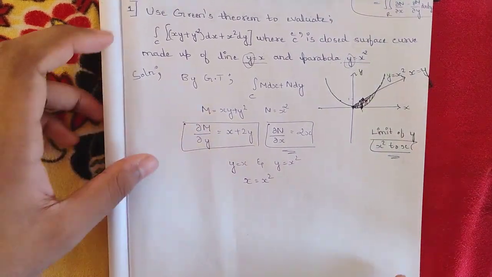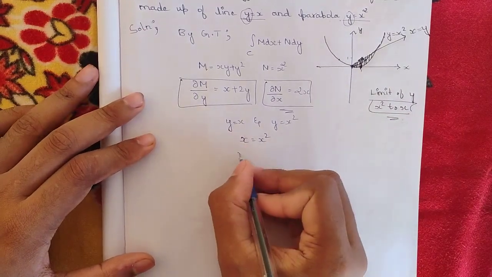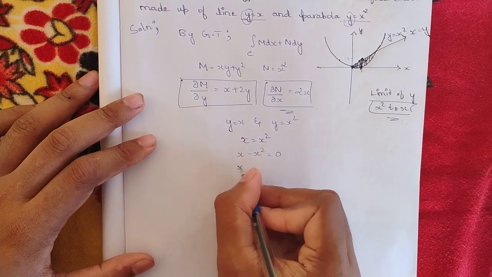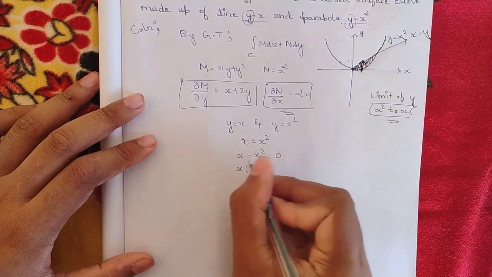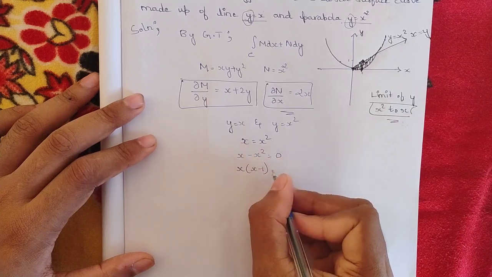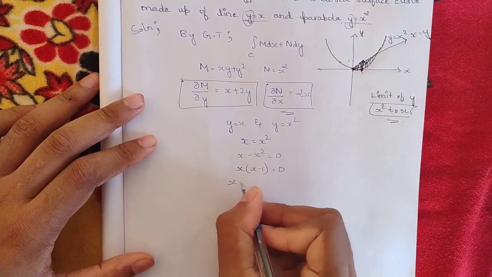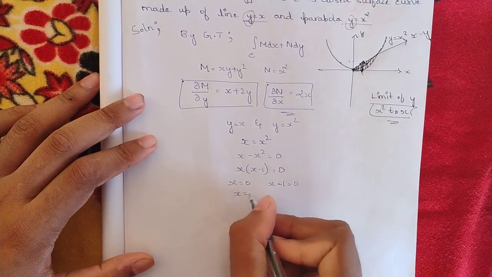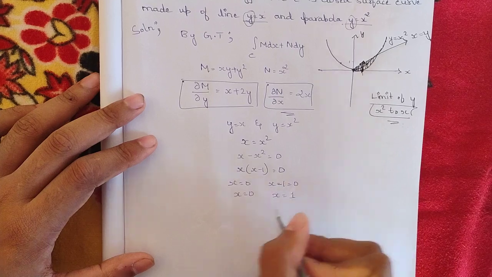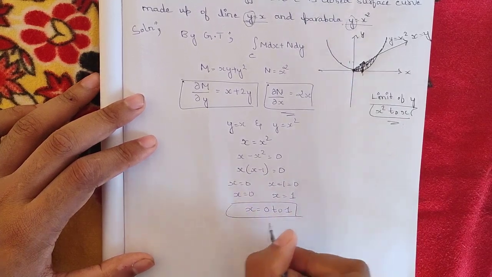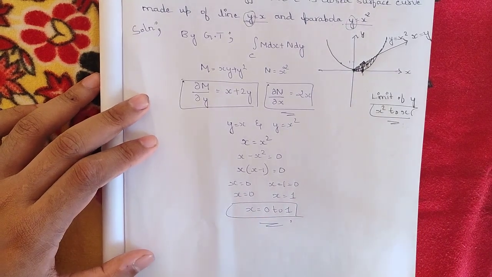So x minus x square equal to 0, or x into (x minus 1) equal to 0, taking x common. So we get x equal to 0 and x minus 1 equal to 0, so x equal to 0 and x equal to 1. So you can say that x goes from 0 to 1. Okay, hope it is clear.